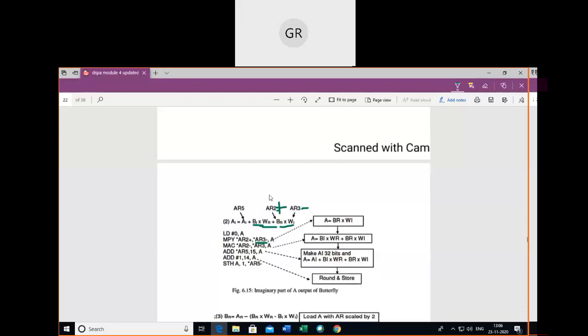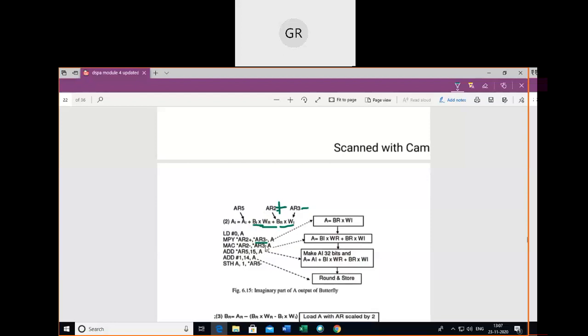See here. Next, again the MAC unit: multiply, accumulate, and store in the register. Already A consists of BR into WI. Then you can multiply this part and add it with this one. That's why MAC, as we already have the A value. Multiply and add. First multiply AR2 minus, that means BI, by AR3 plus.